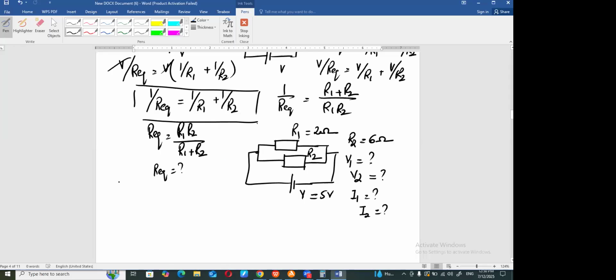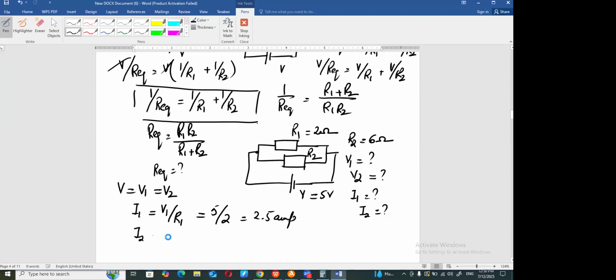First of all, we know that V is equal to V1 is equal to V2. So you can find the I1 value as V1 upon R1. So 5 divided by 2, which is 2.5.